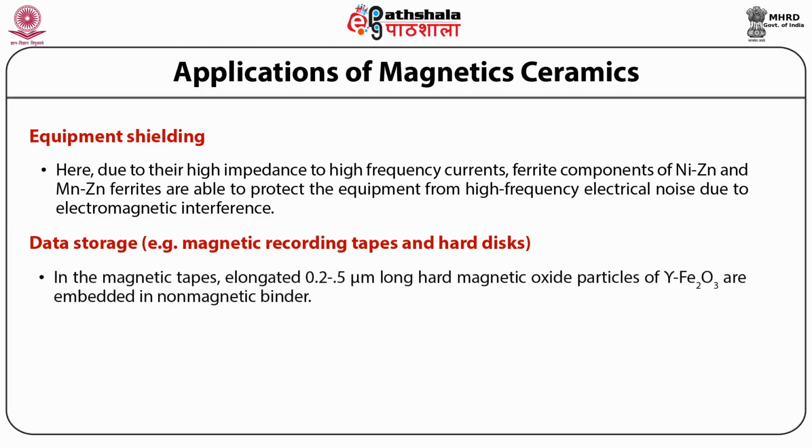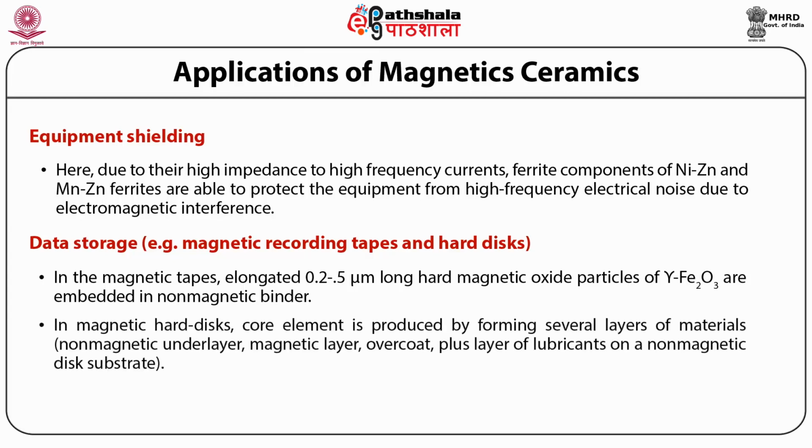In the magnetic tapes, elongated 0.2 to 0.5 micron long hard magnetic oxide particles of gamma Fe2O3 are embedded in a non-magnetic binder. The particles have single domains magnetized along their major axes, which are aligned in the plane of the tape.